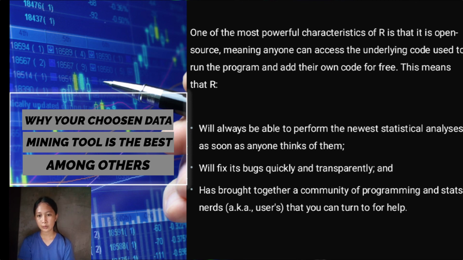Also, R will fix its own bugs quickly and transparently, unlike other programming languages. And lastly, it has brought together a community of programming and stats nerds, aka the users, that you can turn to for help.